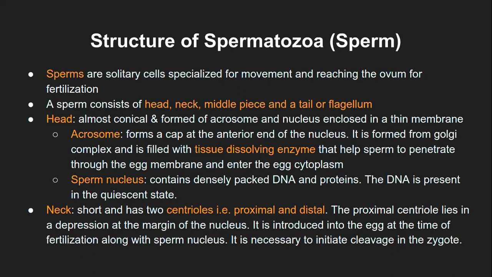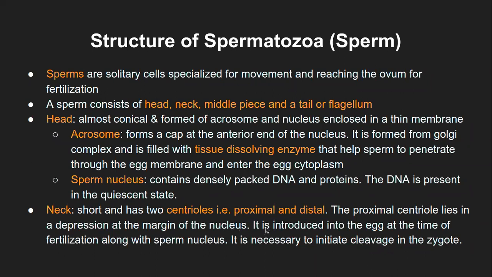One centriole will be of the ova and the other centriole will be of the sperm, and then they will form a fusion of the nucleus, which will again be separated from the zygote for the next mitotic division. And that is why it says the proximal centriole is necessary to initiate the cleavage in the zygote, to complete the first mitotic division of the zygote.